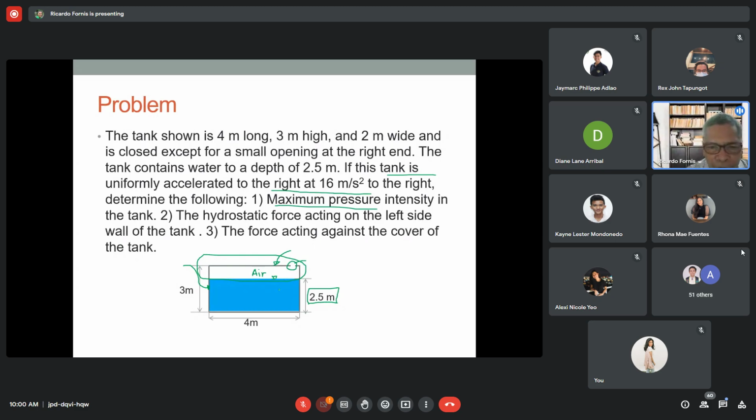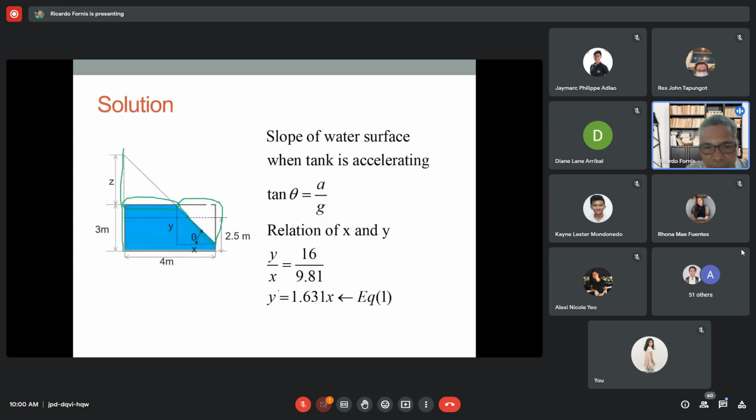Meaning the volume of the water original would be the same as the final volume, and the empty portion of the tank would be the same as the empty portion original.